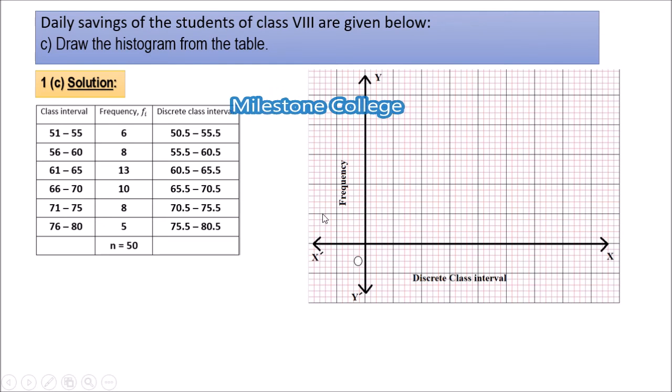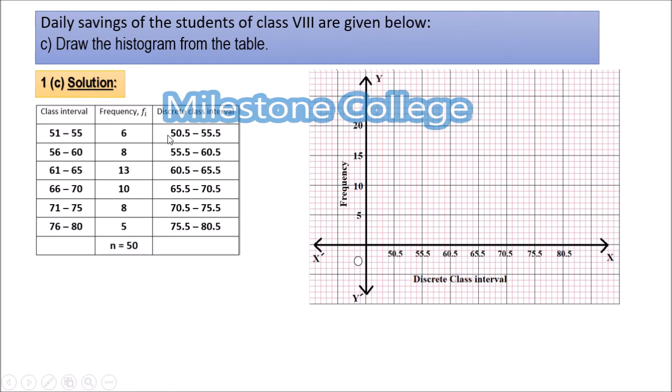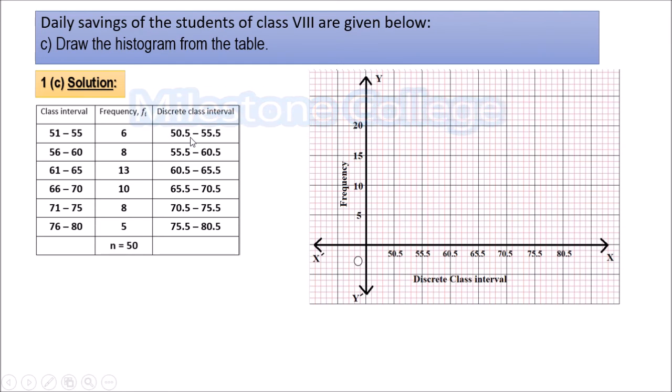So now I am mentioning the discrete class interval: 50.5 here, then 55.5, 60.5, 65.5, 70.5, 75.5, 80.5. All the discrete values are put in here. And look, what is the frequency here?